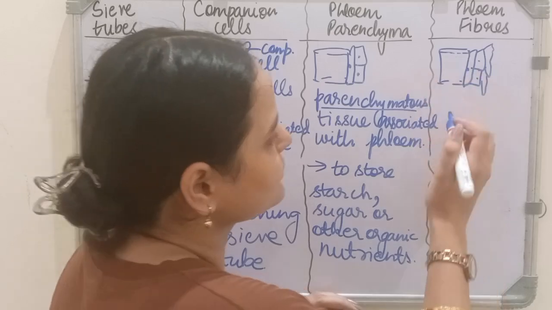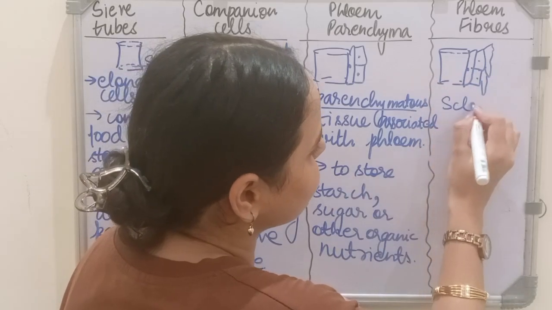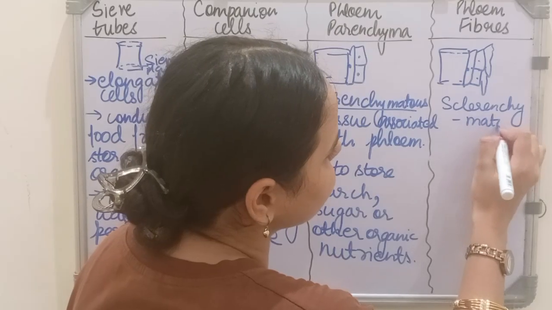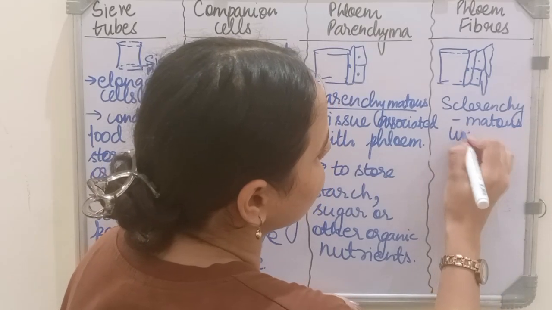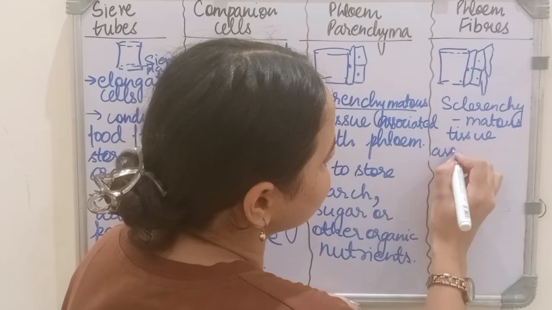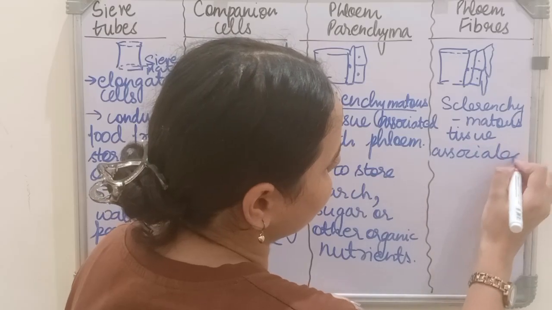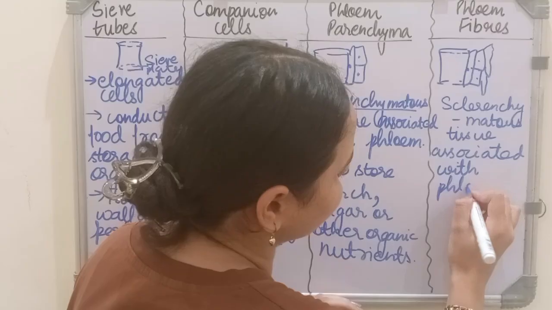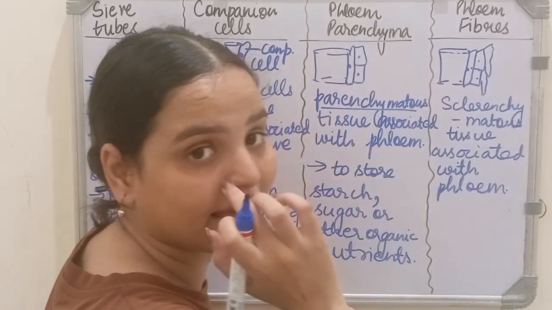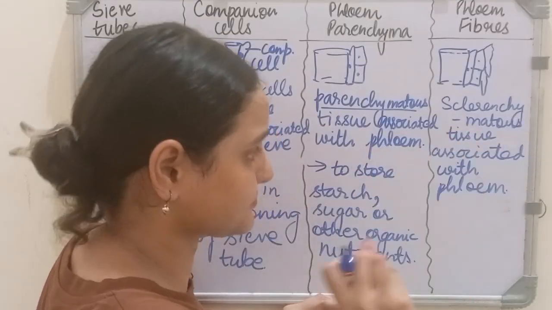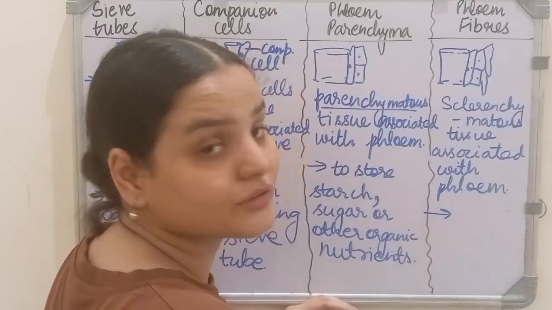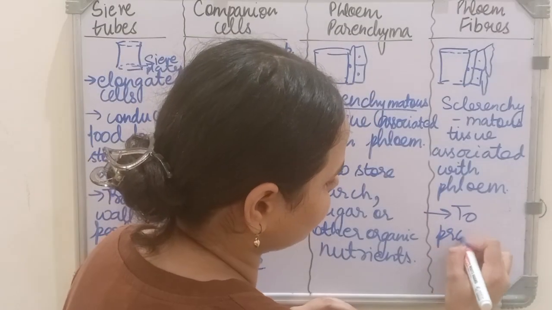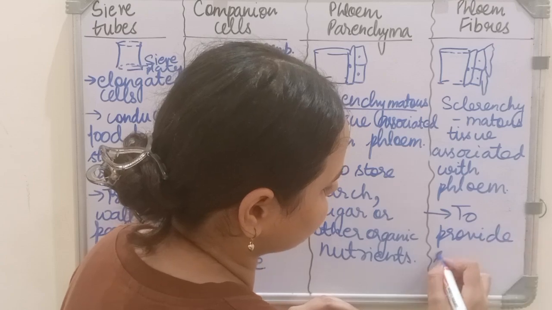So these are sclerenchymatous tissue associated with phloem. They do not have nucleus, they are made up of dead cells, and so their function is to provide support to the plant.